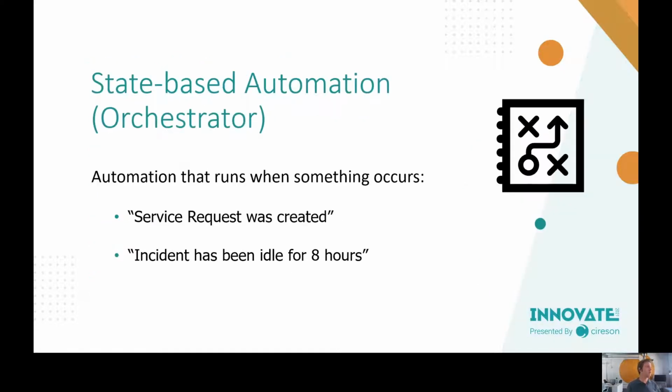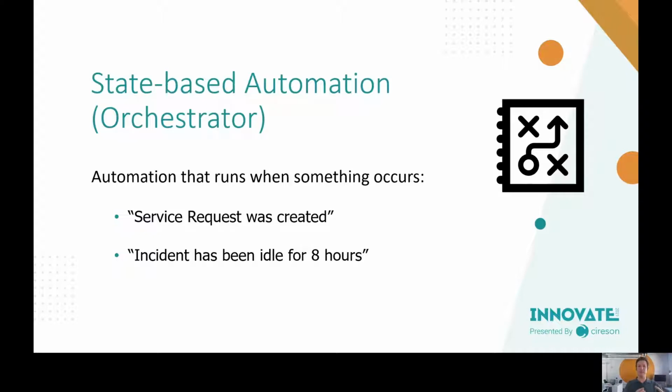All right. So the first trigger, state-based automation. This is really automation that runs when something occurs. So these are typically your monitor runbooks. They're always running and they're waiting to see when a service request was created, when an analyst has a comment, or maybe even when an incident's been idle for 8 hours, then it triggers.